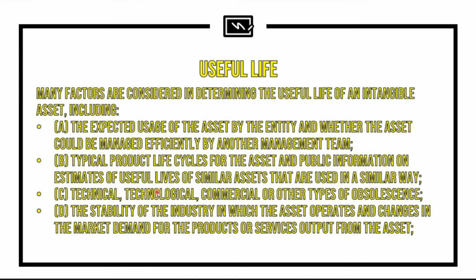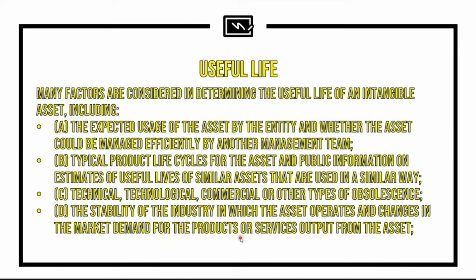Letter C, technical, technological, commercial, and other types of obsolescence. Of course, this is going to be based on the degree of competition and the degree of technological developments within the industry. We have the stability of the industry in which the asset operates and changes in the market demand for the product. Okay?